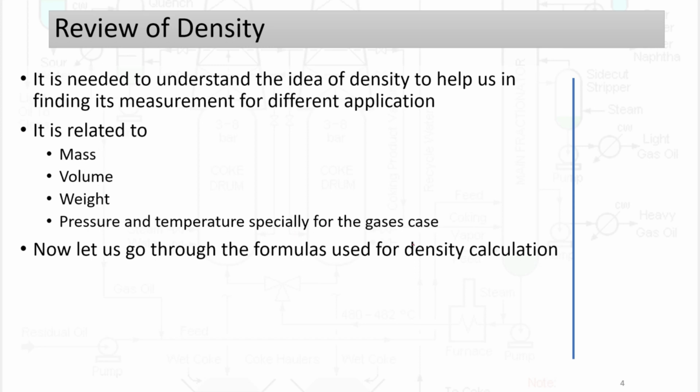When I say especially for gases, it does not mean that I will discard the liquids. No, it also includes liquids and solids at the same time. But gases are affected more strongly by changes in temperature than liquids and solids.